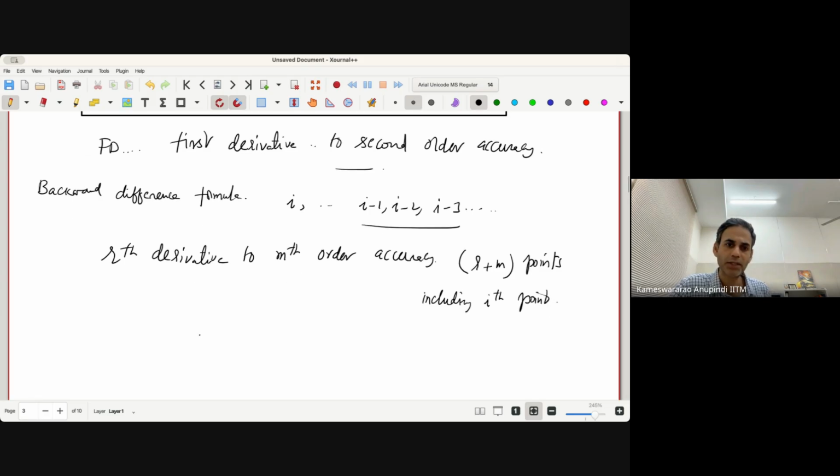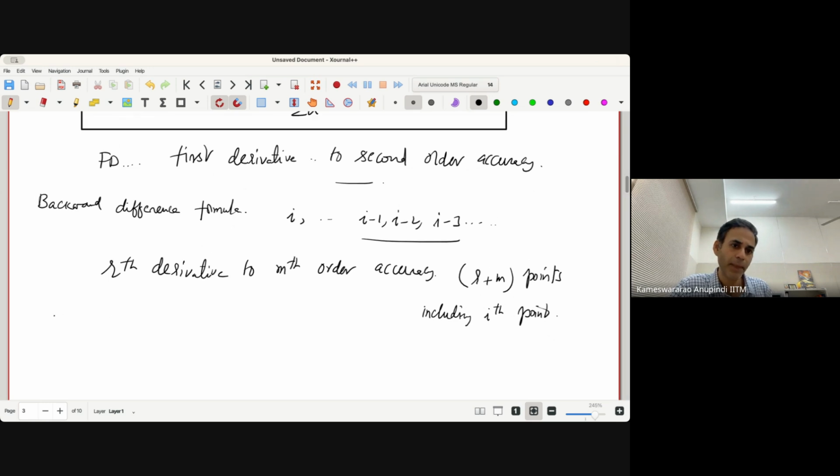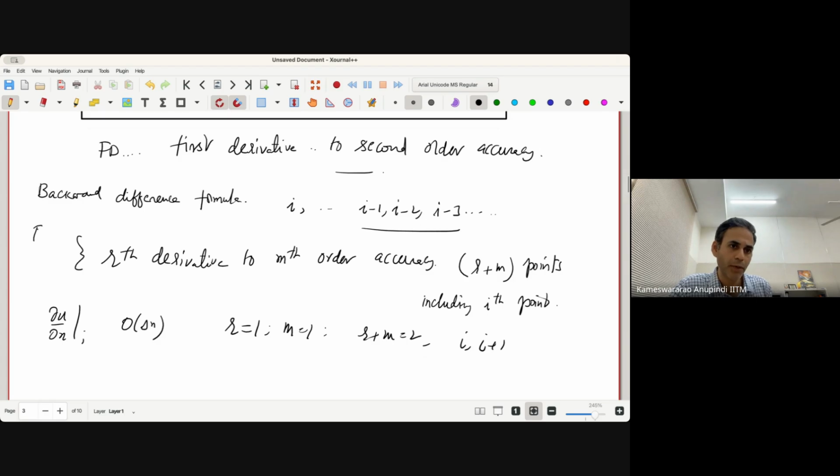Now, what does this mean? Essentially, we wanted to calculate dou u dou x at i to first order accuracy. That means r equals 1, that is the rth derivative, m equals 1. Then we needed r plus m, 2 points, because we used i and i plus 1, right? This is true for all the forward differences and backward differences.